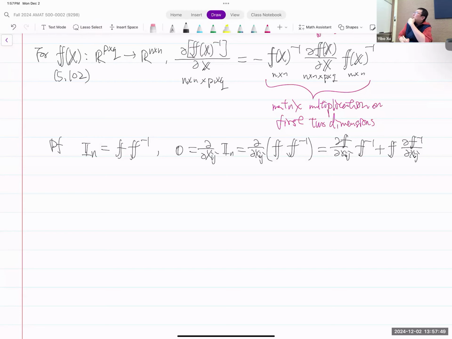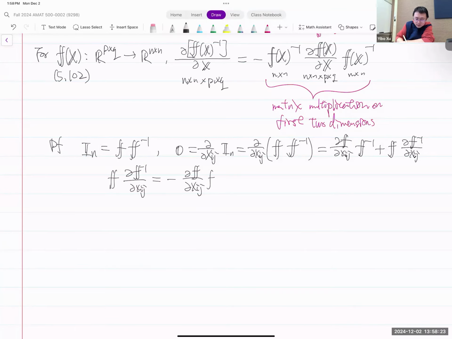So what do we want? We want the partial of F inverse from the left hand side on the top, and then we just need to solve for this. So we have F times del F inverse del X_ij equals, basically just subtracting the other term on both sides, negative del F del X_ij times F inverse.